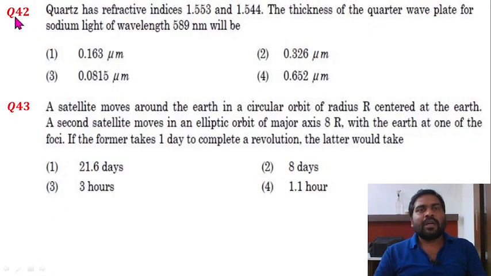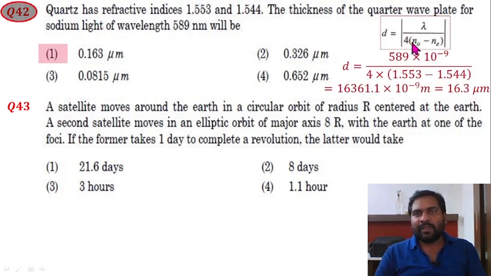Question 42. Quartz has refractive indices 1.553 and 1.544. The thickness of the quarter wave plate for sodium light of wavelength 589 nanometer will be? Use the formula d equal to lambda divided by 4 times (mu o minus mu e), ordinary refractive index and extraordinary refractive index.